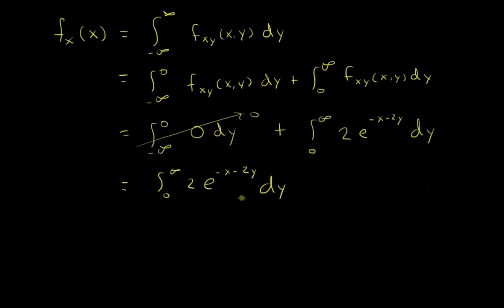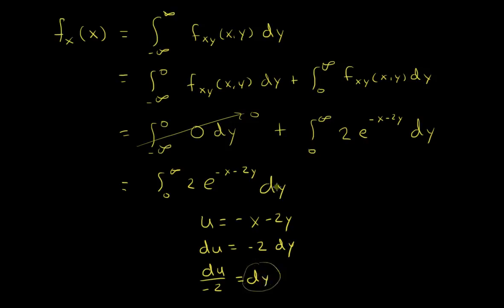You don't have to; if you want to figure out what the integral is right away, you can do that. I'll use u-substitution though. So u equals negative x minus 2y. Taking the derivative of u with regards to y, because we're integrating over y, x is just a constant, so that goes away. We get du equals negative 2 dy, so du divided by negative 2 equals dy.